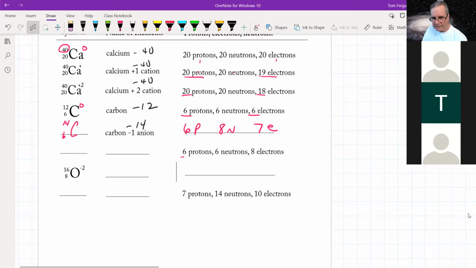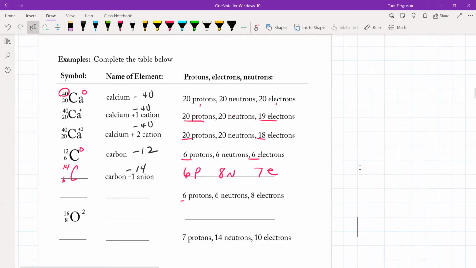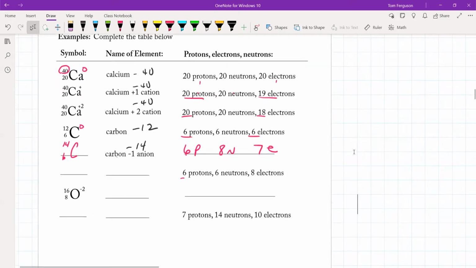I think I fixed it. Yes, that's much better. Thank you so much. Thanks for telling me. All right.